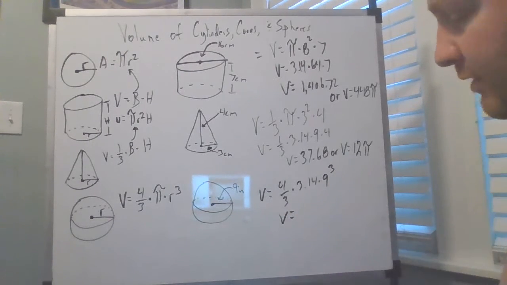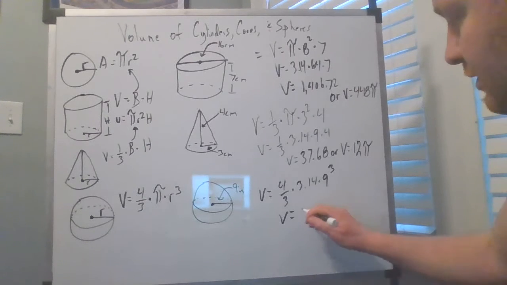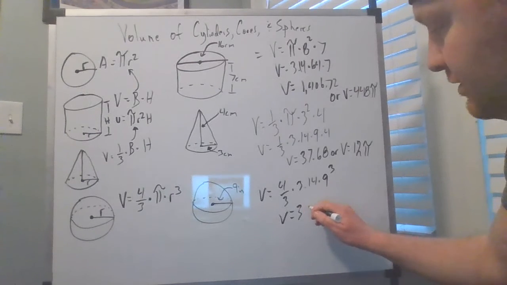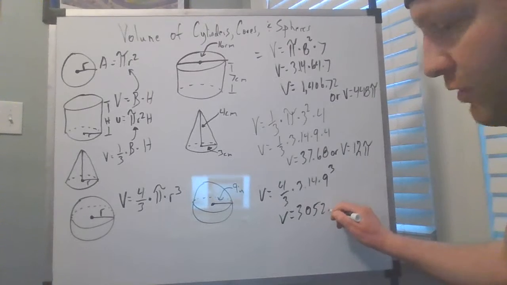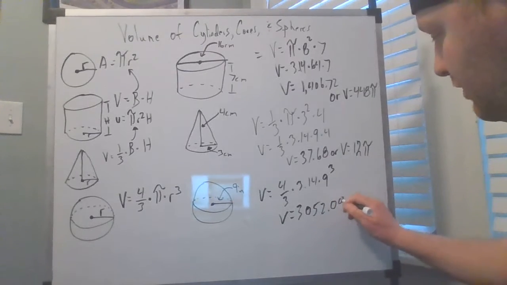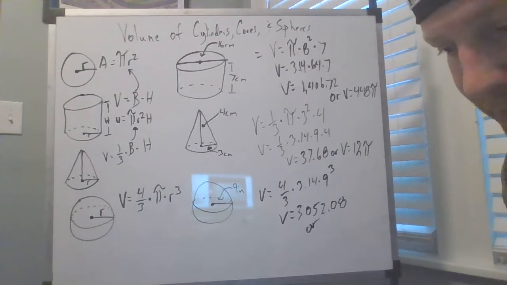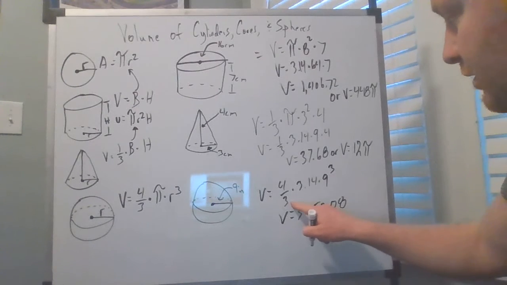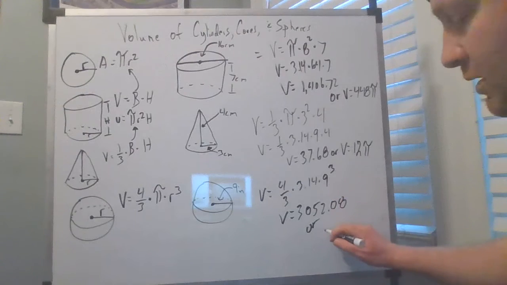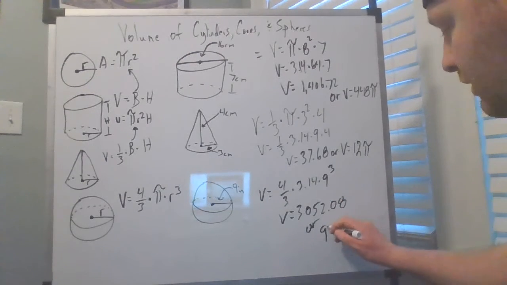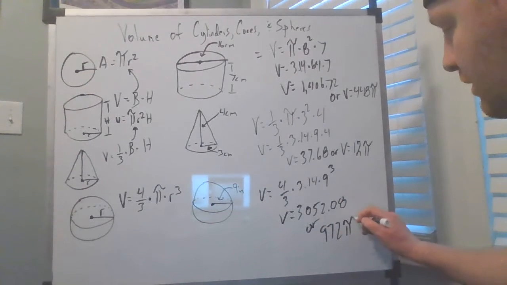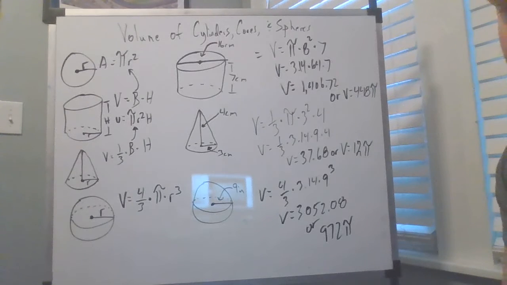When you run through your calculator, you're going to get an answer of 3,052.08, or if it asked you to leave it in terms of pi, you just got to do 4/3 times 9 cubed, so your answer could be 972 pi. And that is what we are doing today, using equations.